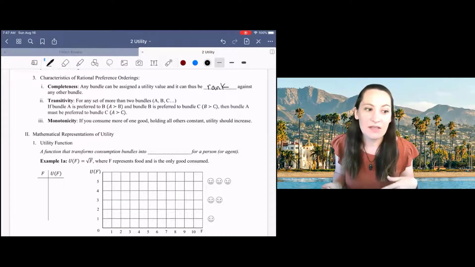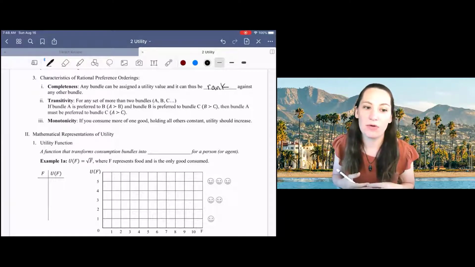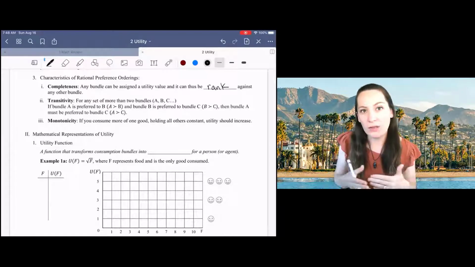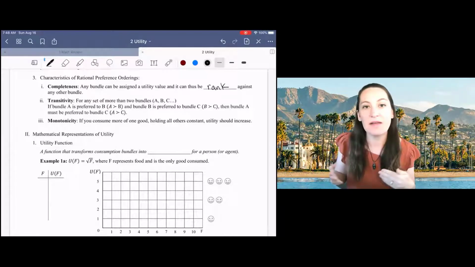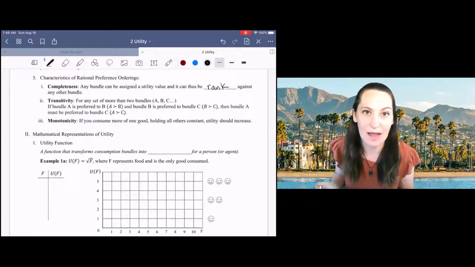And we need them to have monotonicity, which just means that more is better, right? Like if you like apples and you have one, and I give you a second one, you will be happier. So it means that holding everything else constant, having more of a product that makes you happy will in fact make you happier, or it will at least never make you sadder.